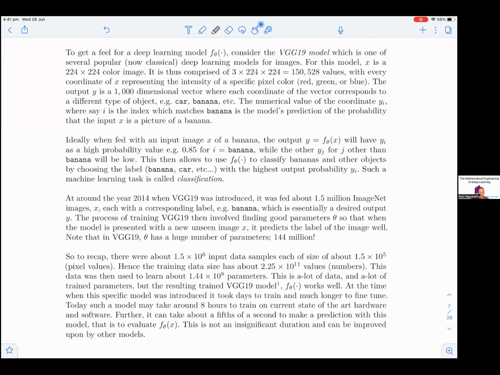The output y is a 1,000-dimensional vector, where each coordinate of the vector corresponds to a different type of object. Example, car, banana, etc. The numerical value of the coordinate y sub i, where say i is the index which matches banana, is a model's prediction of the probability that the input x is a picture of a banana.